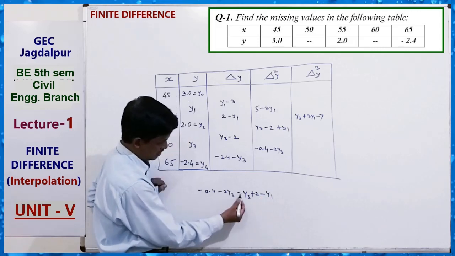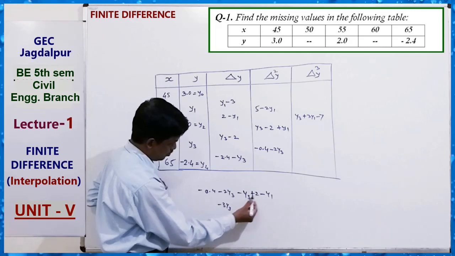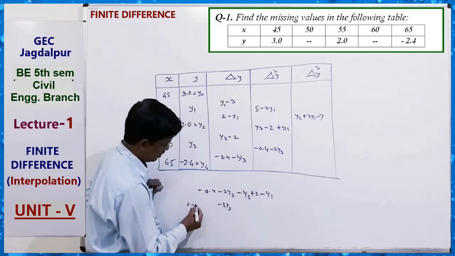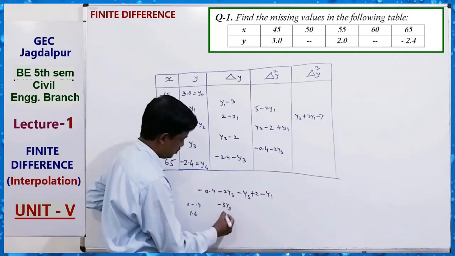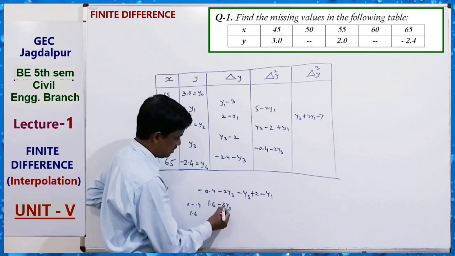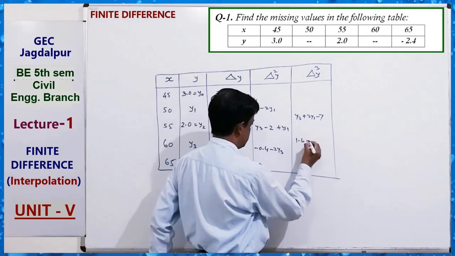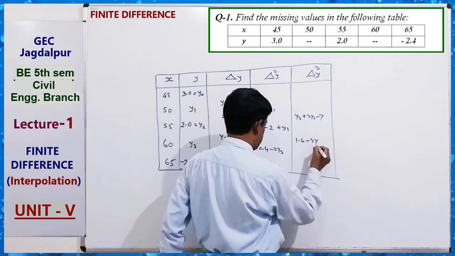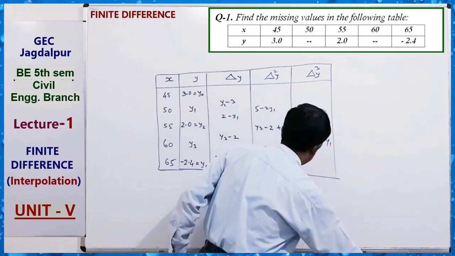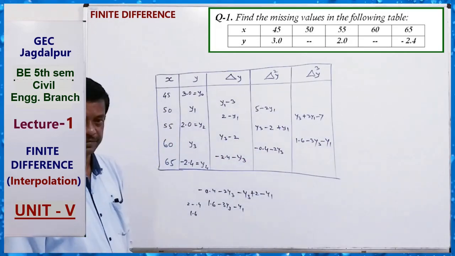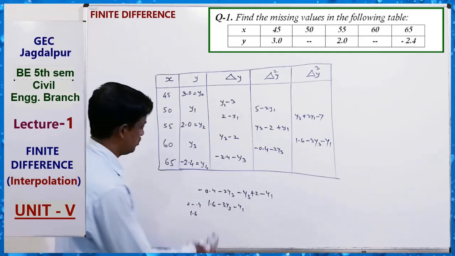Here 2 minus 0.4 is 1.6, so 1.6 minus 3y3 minus y1. Clear? Yes, 1.6 minus 3y3 minus y1.